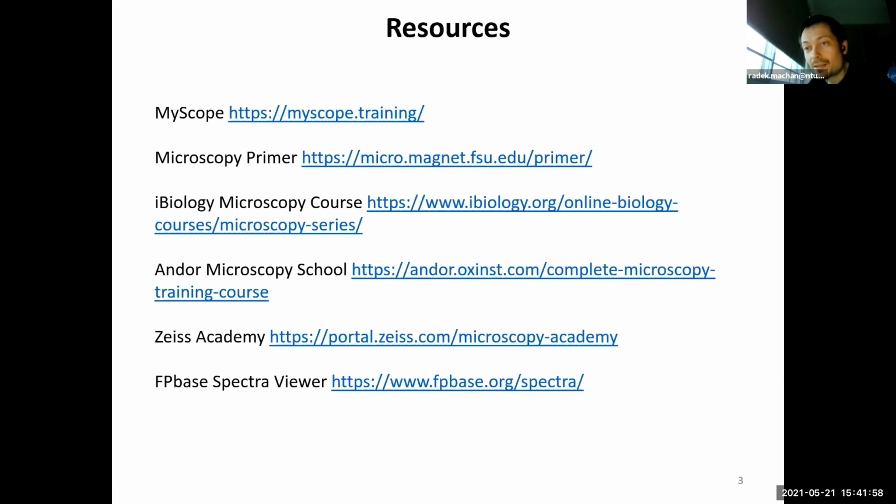There's Zeiss Campus, obviously by Zeiss. I forgot what Olympus called theirs, but they also have a derivative. Those are all very similar, and you can find that they are using materials which all come from Microscopy Primer. Obviously, when there are pictures of a microscope objective, if you look at Microscopy U, it will be a Nikon objective there. If you go to Zeiss Campus, it will be a Zeiss objective, but otherwise the rest is practically the same.